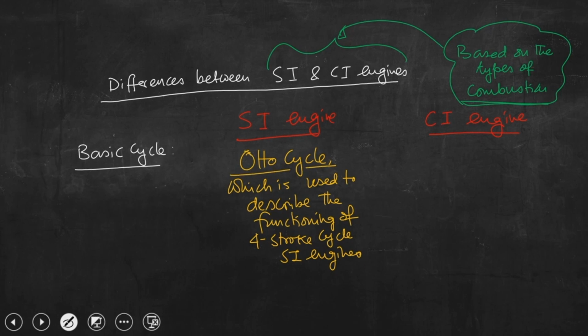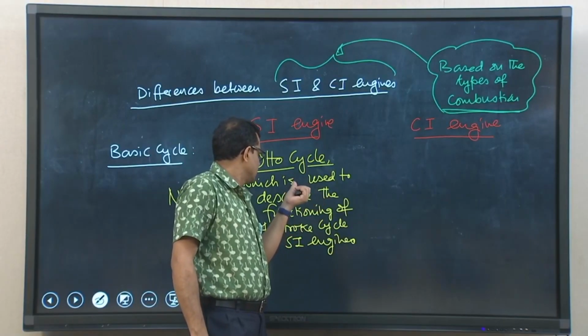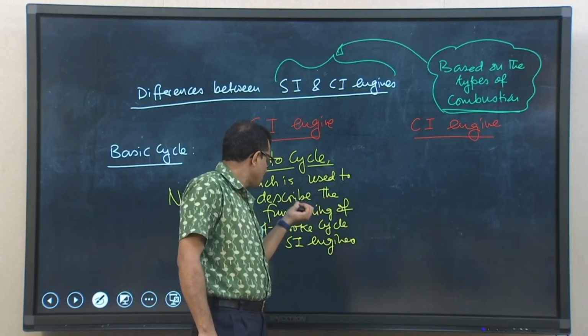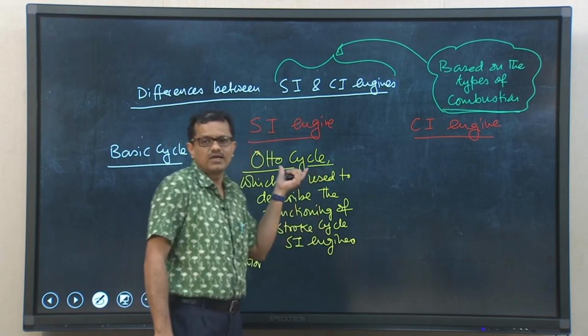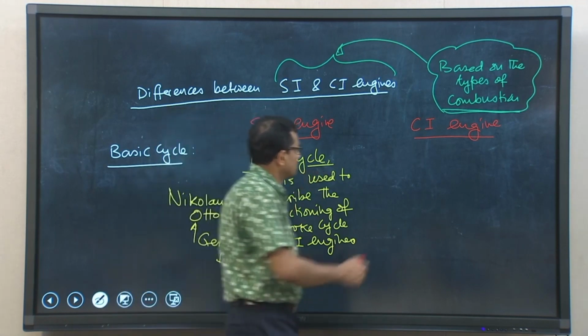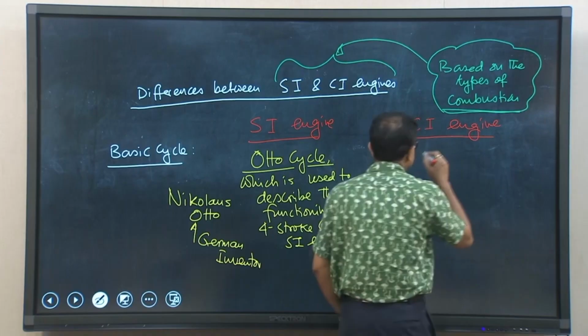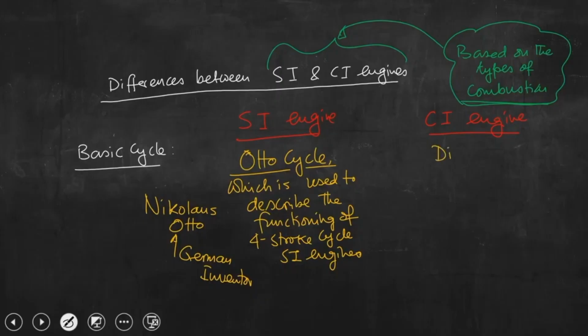The German inventor Nicholas Otto first described all the processes or functioning of the 4-stroke cycle SI engine using this cycle, and that is why it is the Otto cycle. The basic cycle for the CI engine is the diesel cycle.